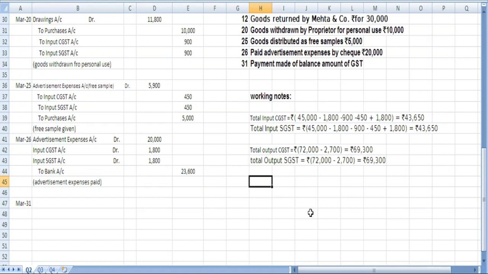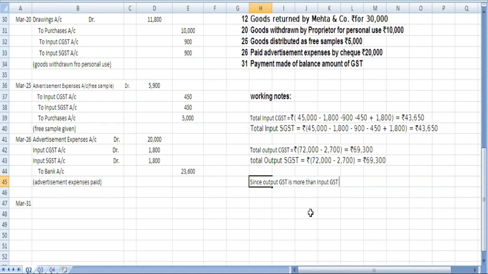So since output GST is more than input GST, we will have to pay the net GST, the net CGST and net SGST.